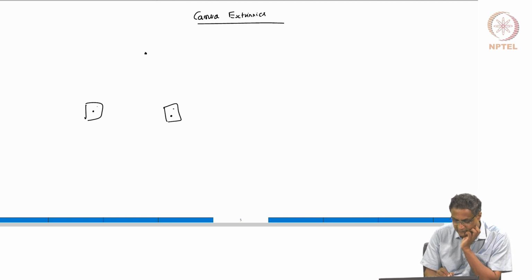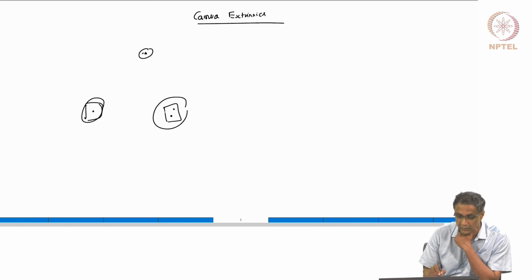If this point is here and that point goes there, we should be able to express through a projection matrix what will happen to this point if it falls on this image plane, and on that image plane.